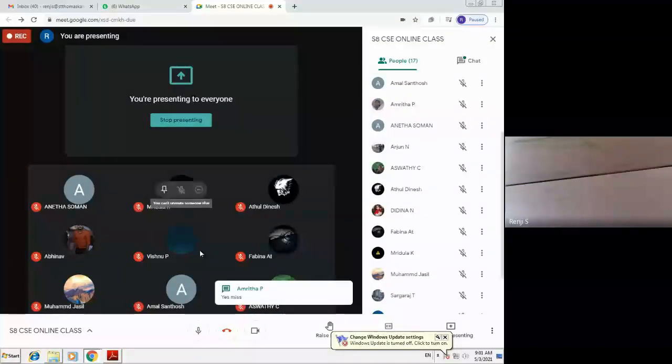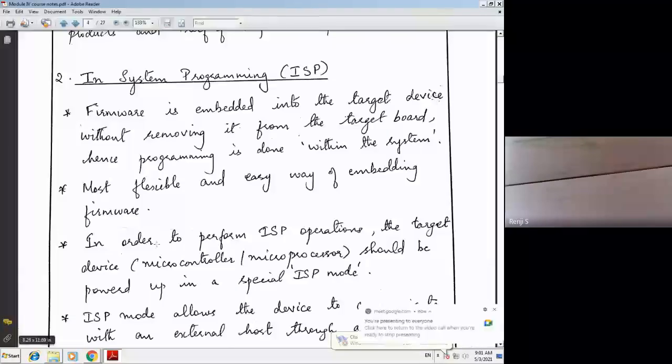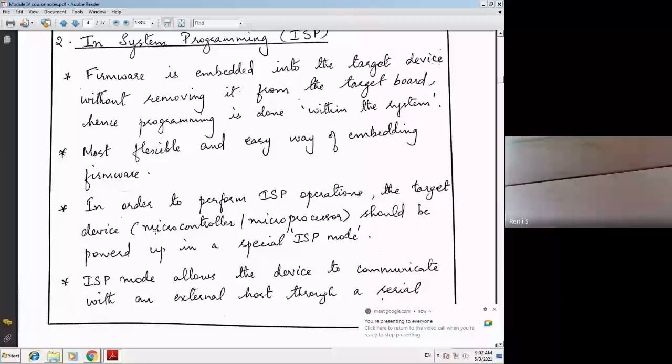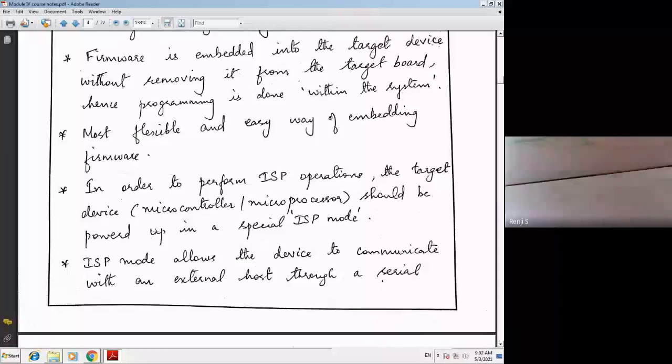Okay. So next we are going to in-system programming. So what is in-system programming? That's what I said right now. Instead of removing the memory chip from the target board, we embed firmware into this memory chip without removing it from the target board. We call it in-system because it is not removed from the target board, and it is a flexible and easy way because you are not removing the chip frequently from the target board.